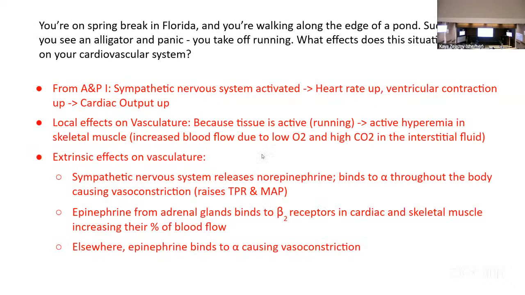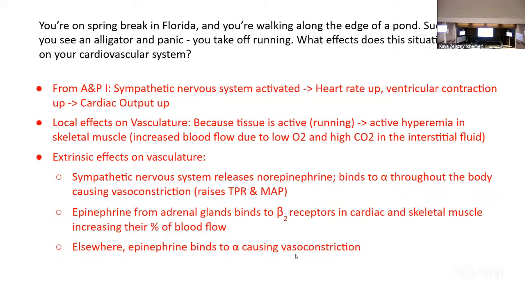Overall, our effect is raising that mean arterial pressure or raising TPR. And we know that this vasoconstriction is also increasing our venous return because we're dropping the compliance of our veins because we've increased the venomotor tone. And ultimately, this means the heart is pumping out more blood. And so our blood pressure goes up, that MAP goes up.